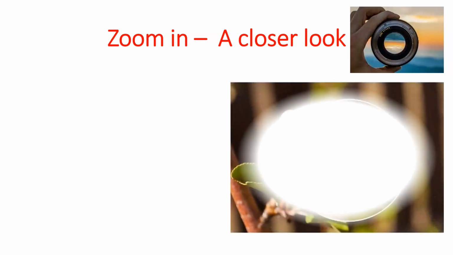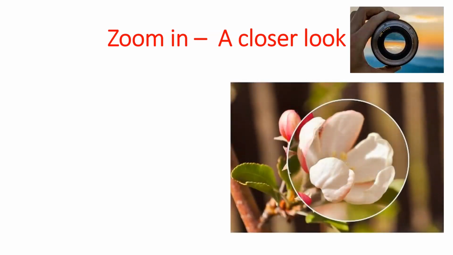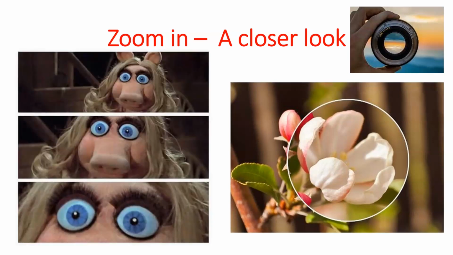The next thing I want to talk to you about is zooming in, or going from a very broad to a narrow focus. Normally when writers use this type of structural device, it's really giving the reader much more detail about perhaps a place or a character or an object in order to draw attention to that particular thing.